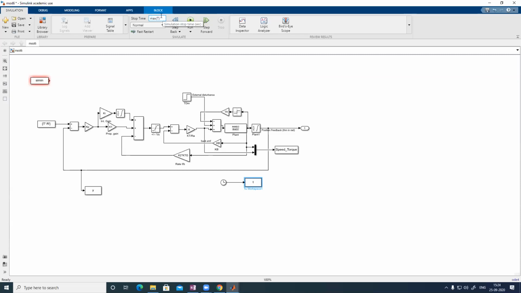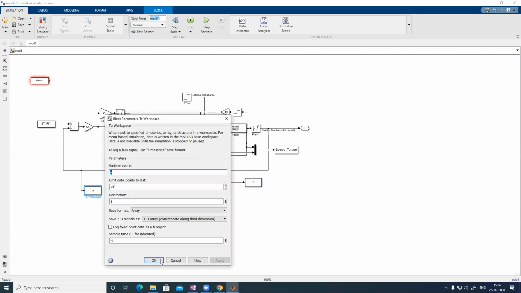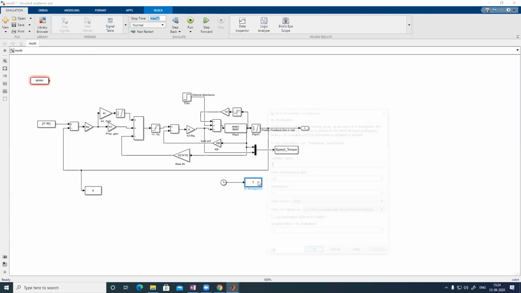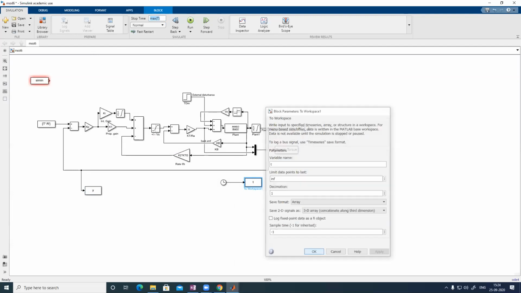So the simulation time is capped at the maximum of t. Now you are getting this y; the variable name is y only. If you use out dot y, something will change. This is t only for me.